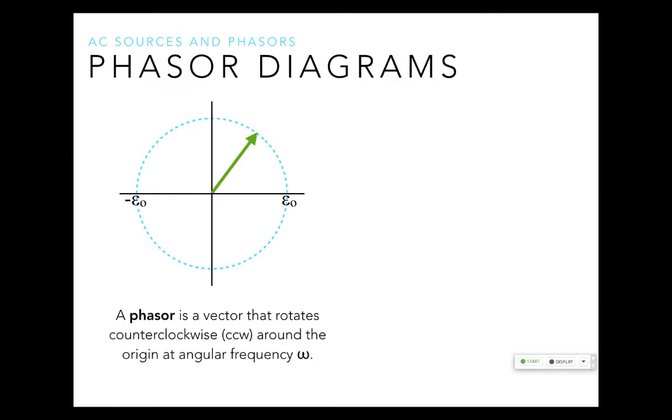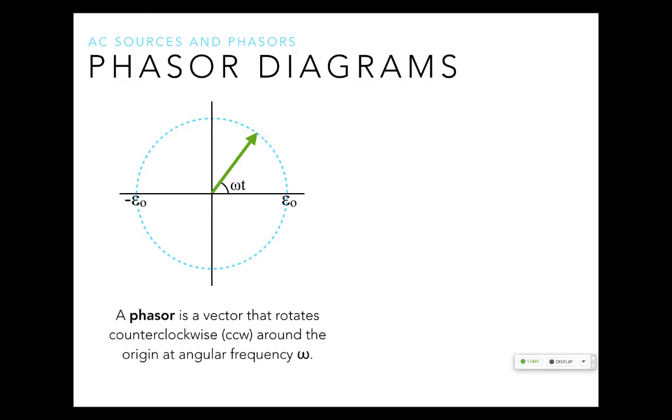What would it be in terms of? Omega t. This angle is omega t, which means going all the way around, what is that in terms of the period? You go all the way around the circle. That's 1 period.